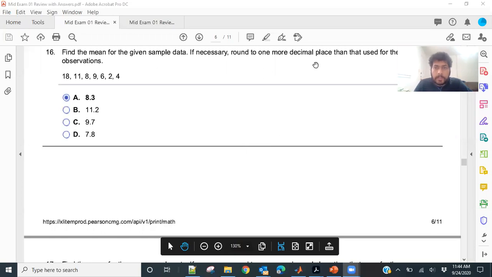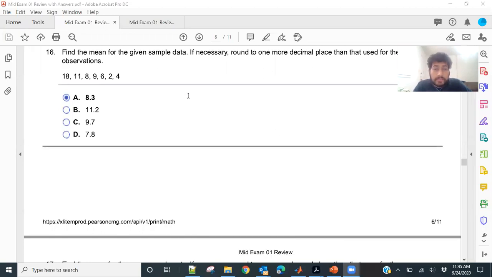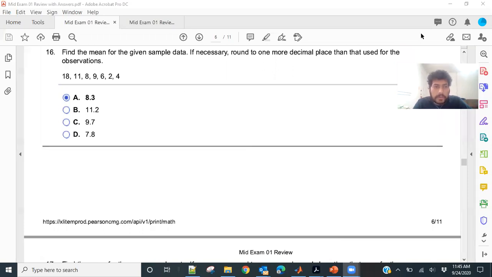As you can see here, in the mid-exam review, chapter 3 questions start from number 16. Last time I did chapters 1 and 2. This chapter 3 is based on some numerical stuff. You have to calculate so many things.